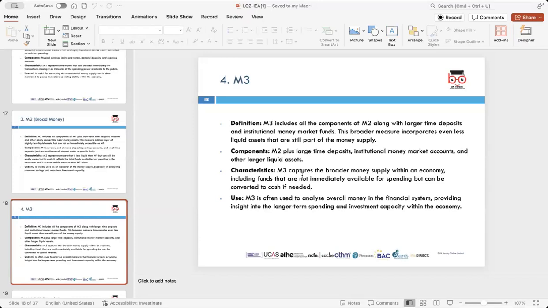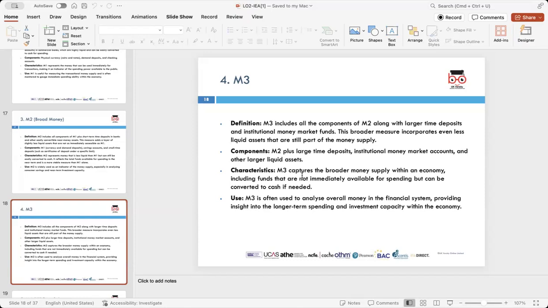M3, a broader measure of money supply, includes all M2 components: cash, deposits, savings accounts, and small time deposits, plus large time deposits, institutional money market accounts, and other larger financial assets.